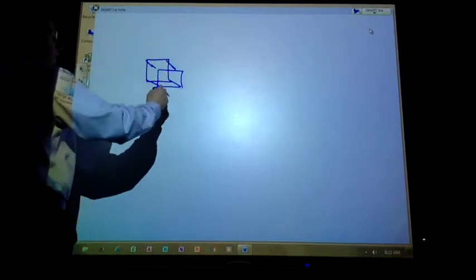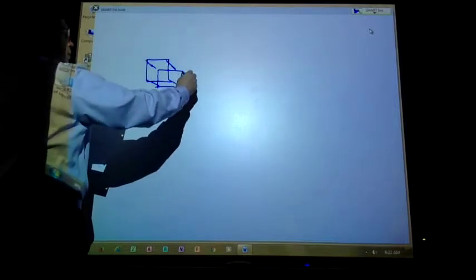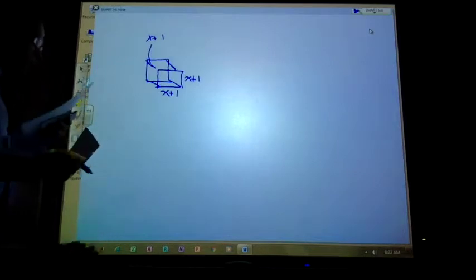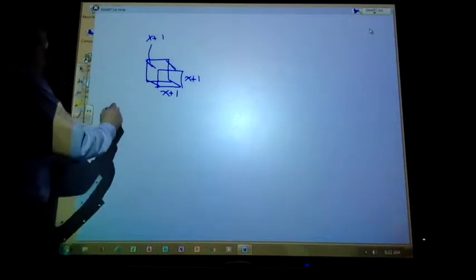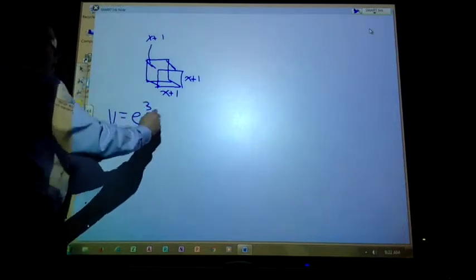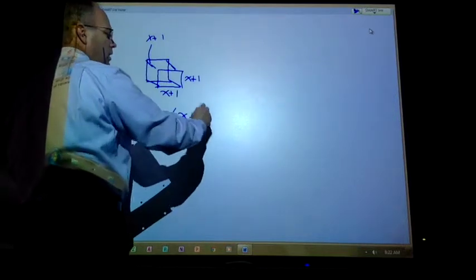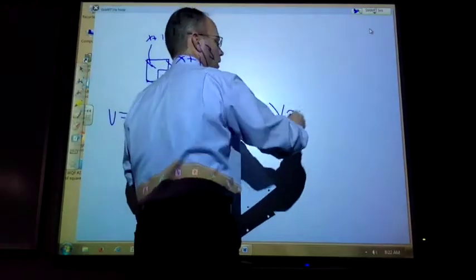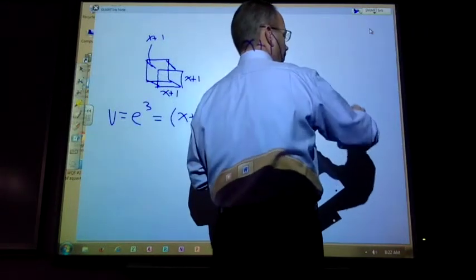So each side is x plus 1. If I wanted to find the volume, they said the volume is the edge to the 3rd power, which is going to be x plus 1 to the 3rd, which is the same thing as x plus 1 times x plus 1 times x plus 1.